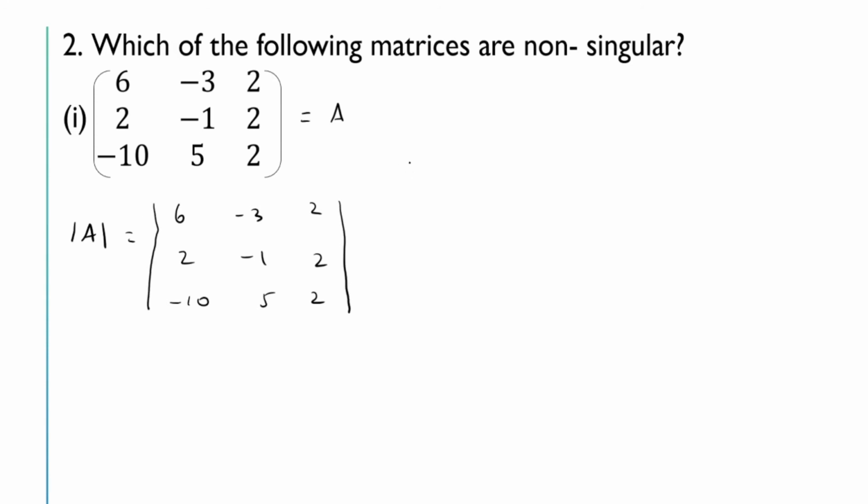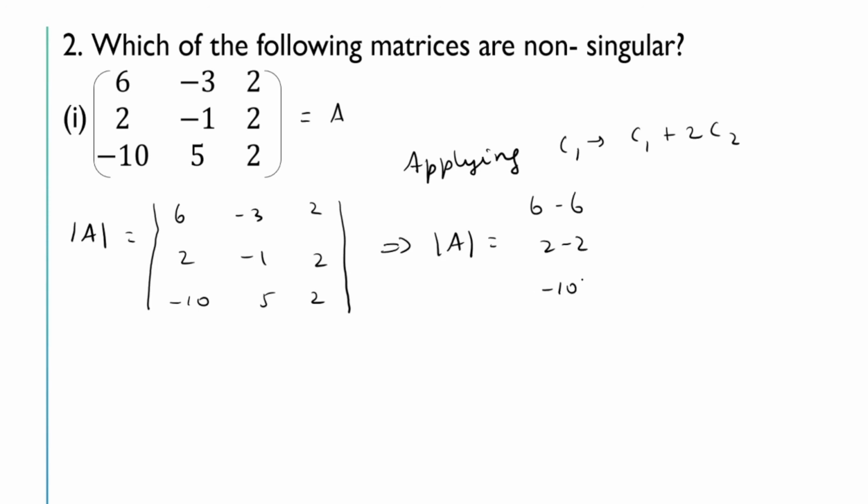Now let us apply the column operation, C1 changing to C1 plus 2 C2. If we apply this operation, we get determinant of A is equal to 6 minus 6, 2 minus 2, minus 10 plus 10. Here the remaining columns remain the same.